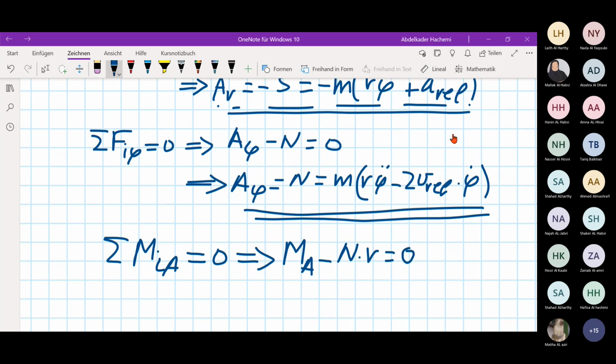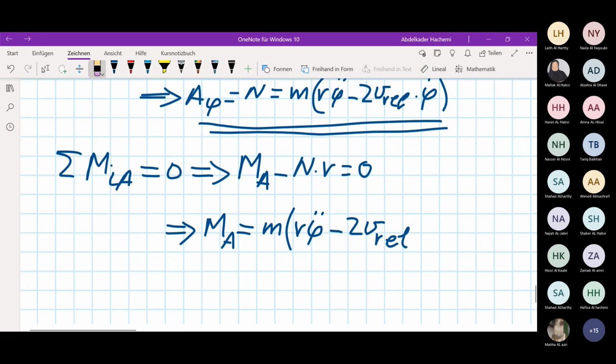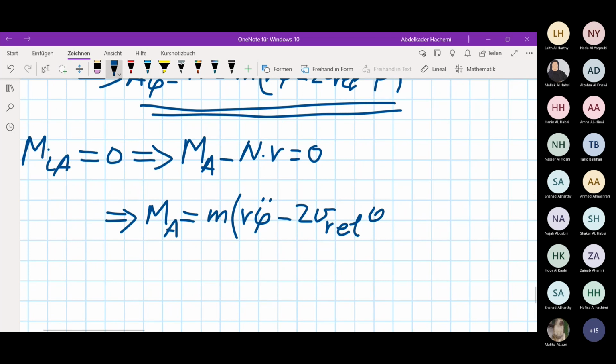Now MA is equal to M multiplied by R phi dot dot minus 2 times R relative phi dot. This is now the torque, okay?